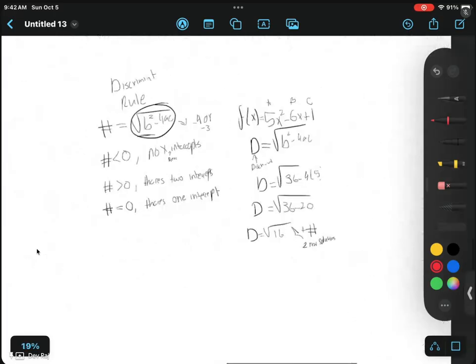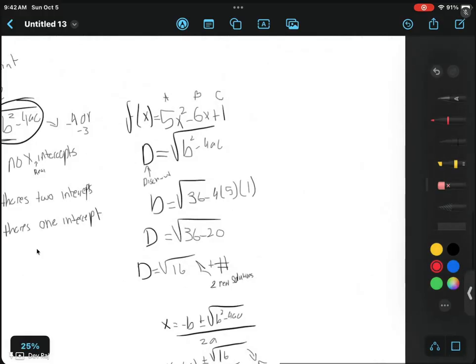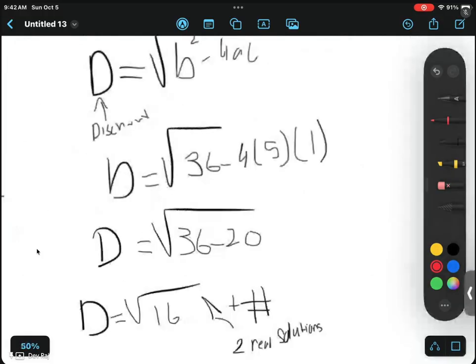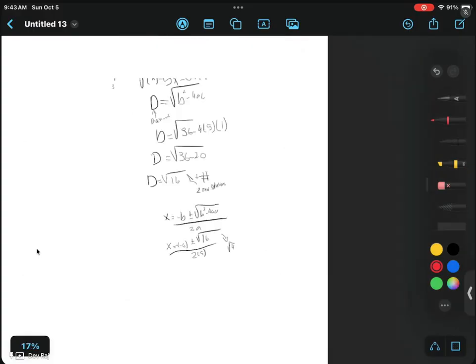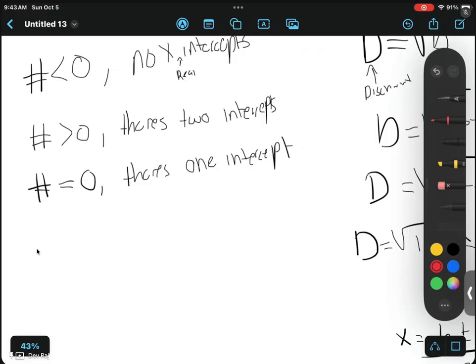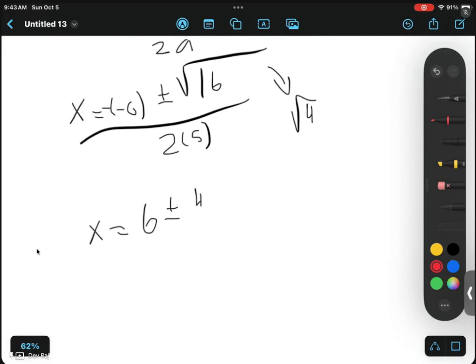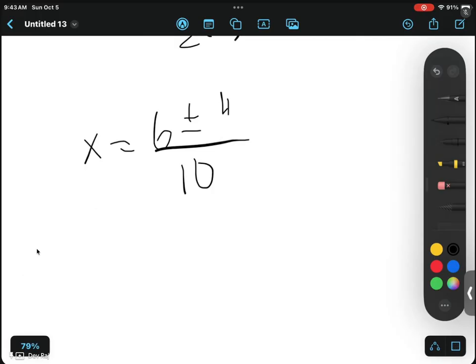So back to our thing. We're doing a problem that's 5x squared minus 6x plus 1. After doing that, we got the discriminant as the square root of 16, which is a positive number. So that goes into the second rule, because 4 is greater than 0: 2 intercepts. So then we do this plus minus 4 over 10, right?